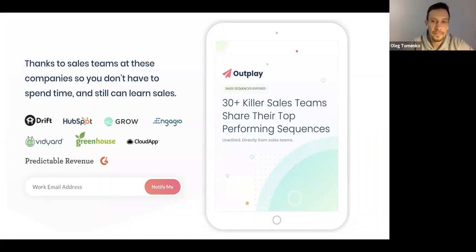It includes the metrics as well: what kind of response rates or open rates these companies are getting. This is a pre-release copy. We haven't released the ebook. We are still working on it, but I'd be more than happy to share that pre-release copy with you guys and take your feedback. And if that helps you take some inspiration from all these sequences, I'll be more than happy to do that.